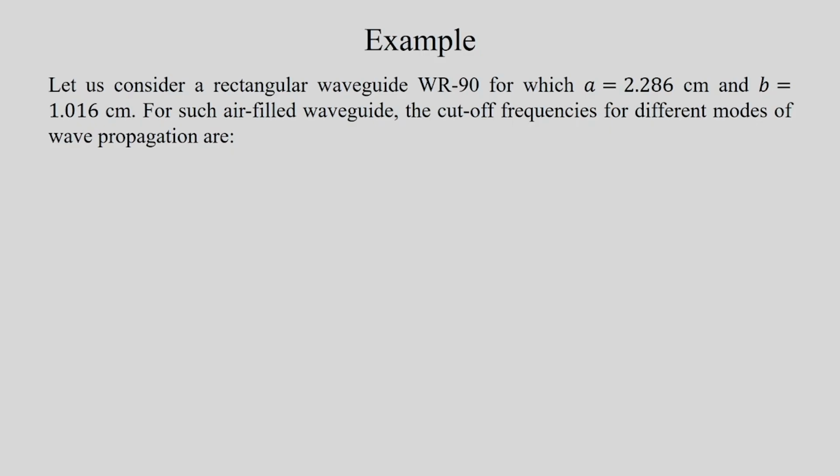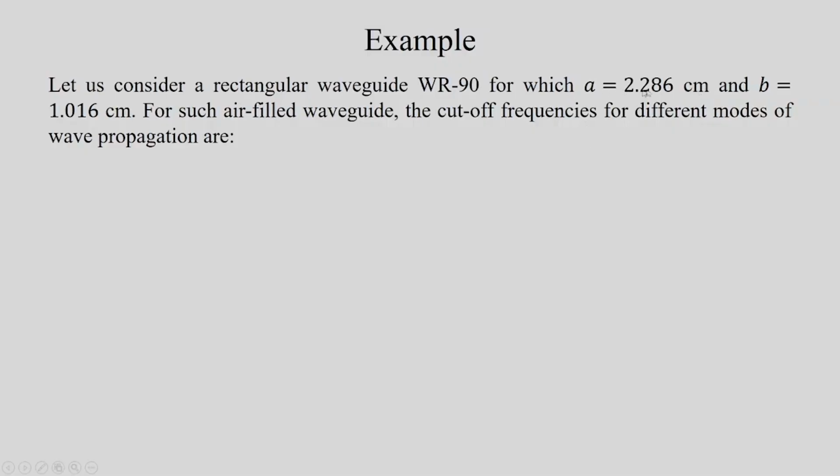Now, to illustrate a particular case of rectangular waveguide, let us consider the example of a very popular rectangular waveguide which is known as WR90. Here WR is waveguide rectangular and 90 stands for 0.9 inch, that means the larger dimension a is 0.9 inch, and therefore, in terms of centimeter a is 2.286 centimeter, and for WR90 b is 1.016 centimeter.